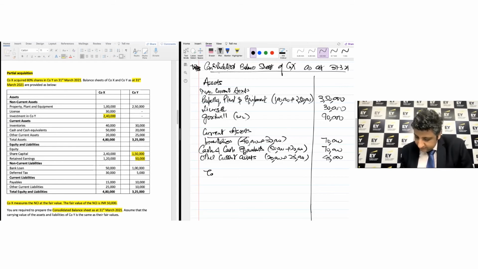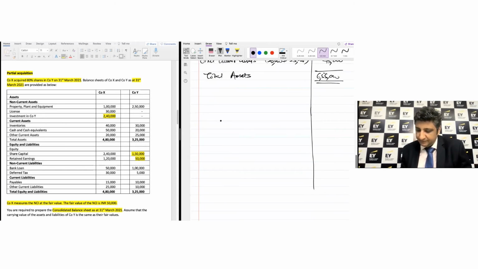That gives us, of course, total assets. If I do the sum total of this, that gives me 350 plus 30 plus 90,000 plus 70 plus 70 plus 45, that is 6,55,000.